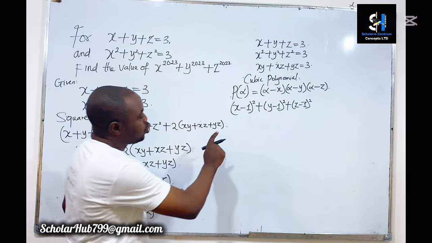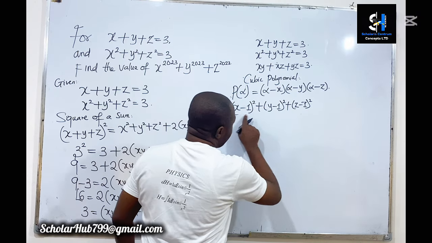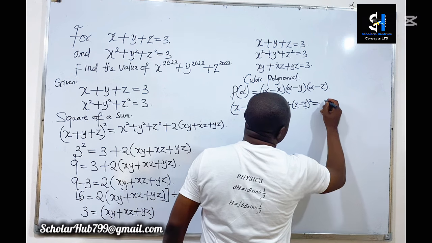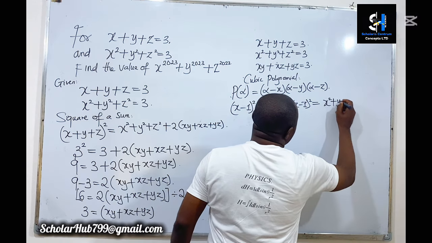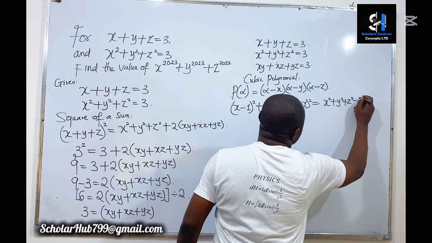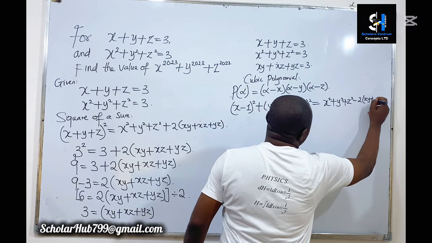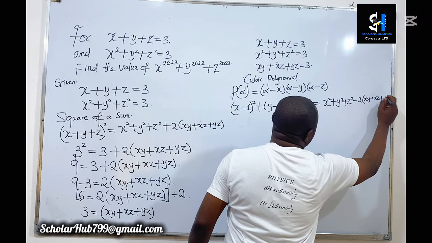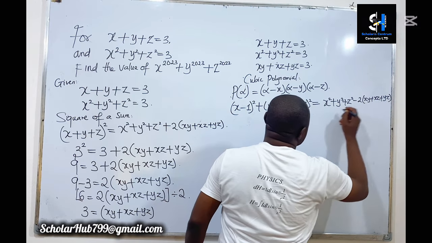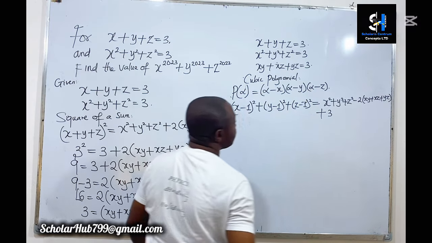So when we expand this, it is going to be x squared plus y squared plus z squared minus 2(xy plus xz plus yz), then plus 3.